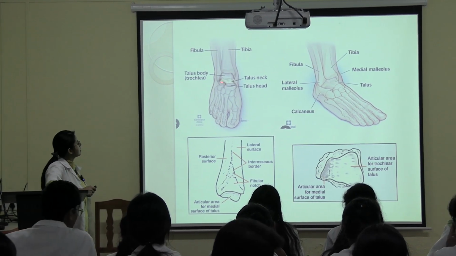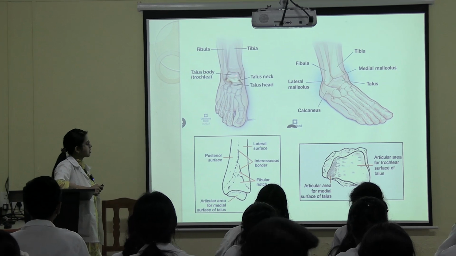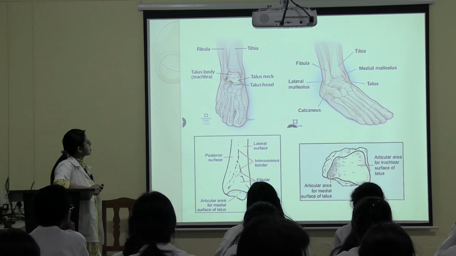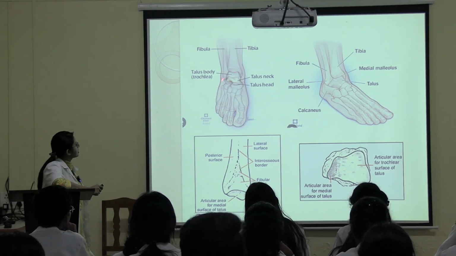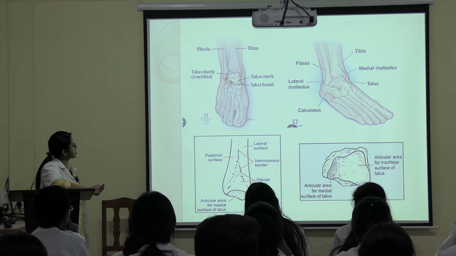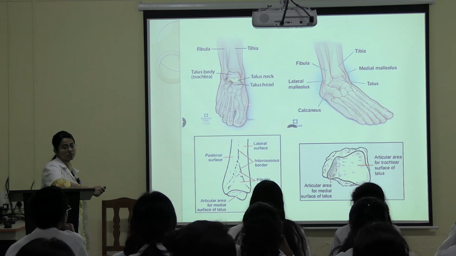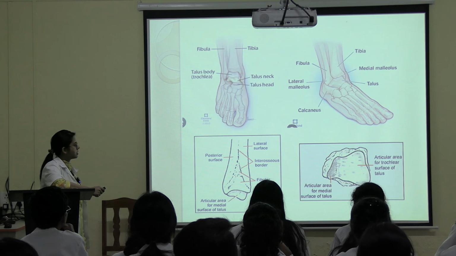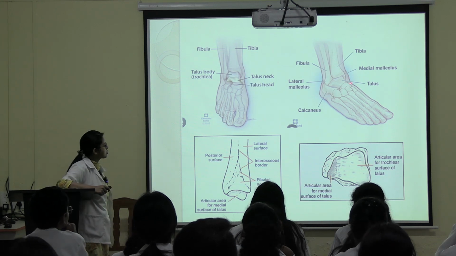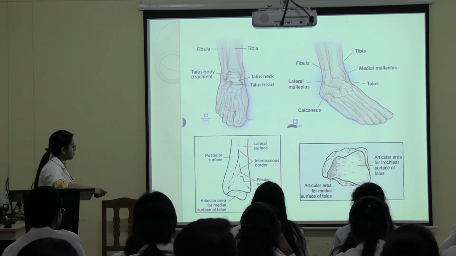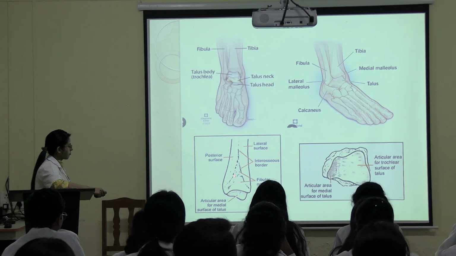As you can see, this is the talus. This inferior articular surface of the lower end is articulating with the talus body, and the lateral surface of the medial malleolus is articulating with the medial side of the talus. Is this medial or lateral? Medial. Clear? You can see the fibular notch, the triangular area.